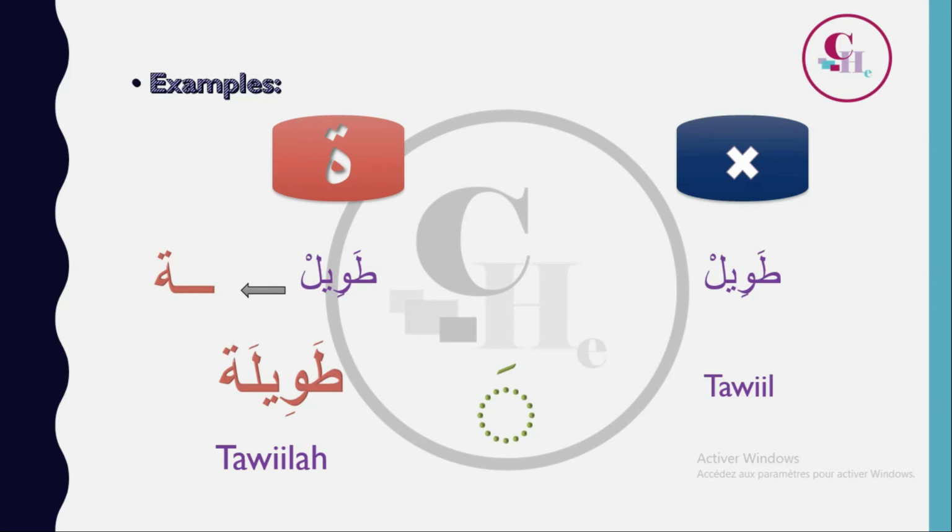And before the ta, we add the short vowel, which is فتحة. This sound becomes a, so it gives us طويلة, عريضة, قصيرة.